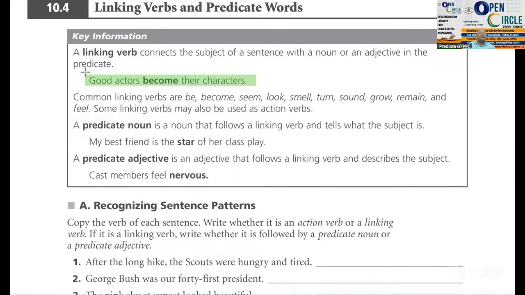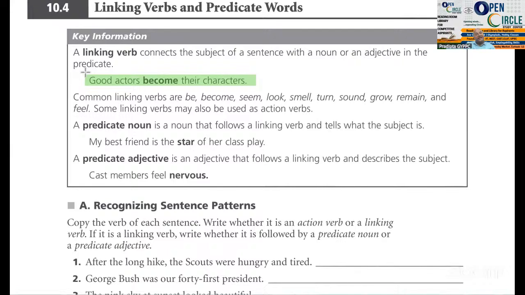So good actors become their characters. What is the subject here? Good actors. There are two words, so it is a complete subject.